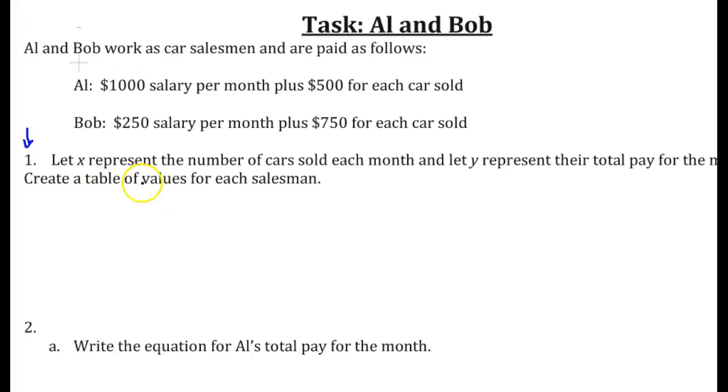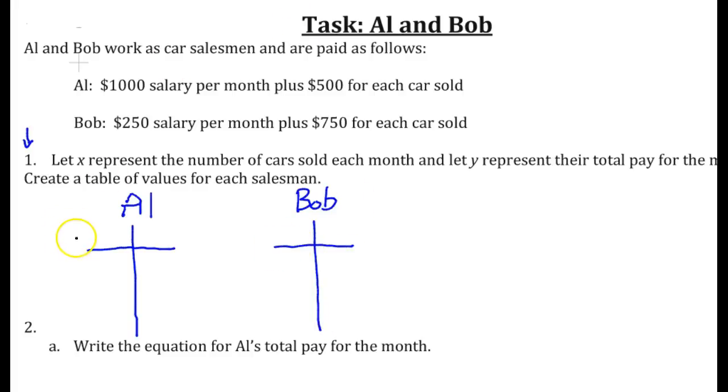So we're going to go through and just make a table for number one, so that X represents the cars sold. Since we have two people, and this is one of the side things we're going to be practicing as well, is labeling everything. So we have two people, so let's label them so we know which is which. We have two tables. We have cars sold. It says right here, let X represent cars sold.